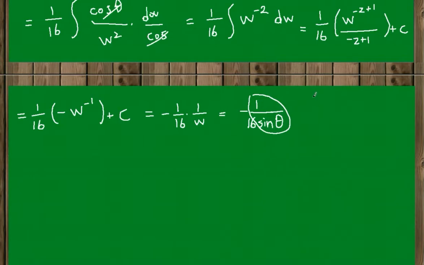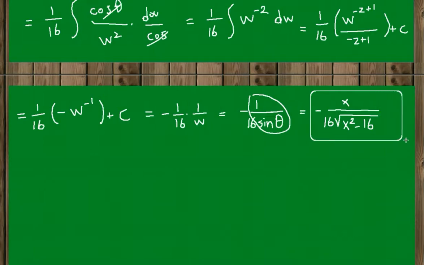So it's going to be hypotenuse over opposite. So negative, hypotenuse was x, and opposite was the square root of x squared minus 16. So this is the final answer. And let's not forget to put plus c.